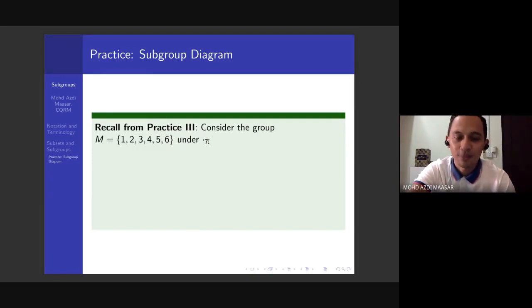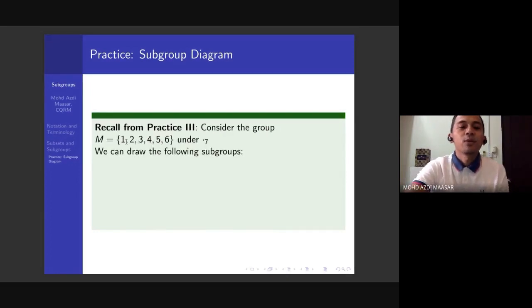So 2 is the result. Of course, you can check the rest, and then you have drawn the table. Many of you have submitted the correct table. For example, 5 multiplied by 4 is 20. 20 divided by 7 has a remainder of 6, and so on and so forth.